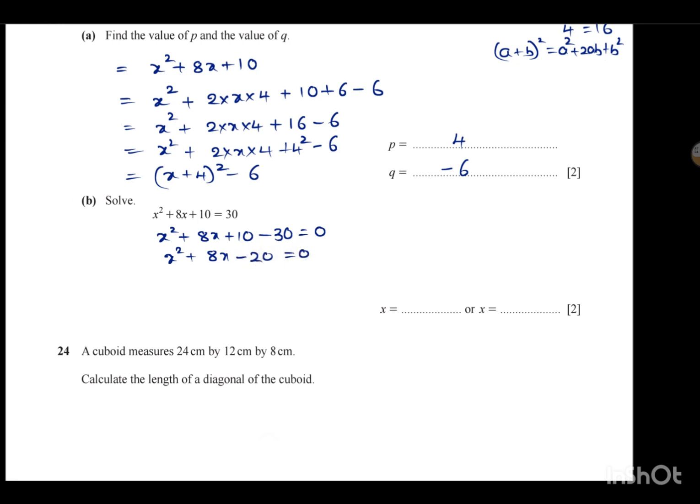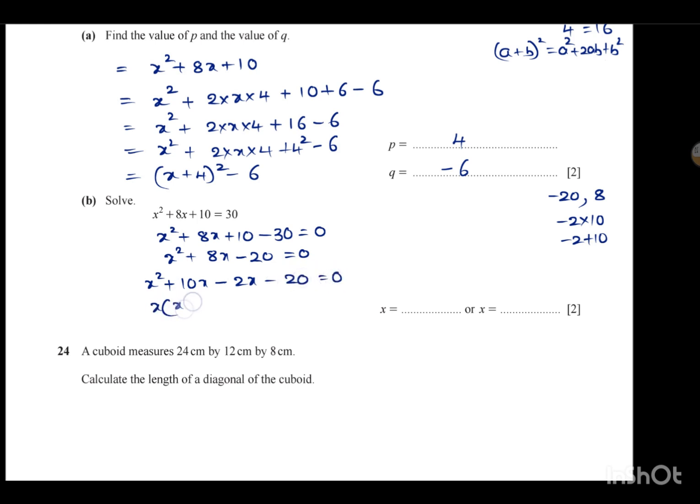Now using factorization method, the product of two numbers should be minus 20 and sum should be 8. So here you can take minus 2 and 10. Okay, so x square, split the middle term, 10x minus 2x minus 20 is equal to 0.